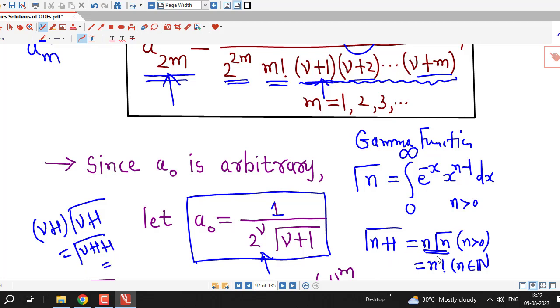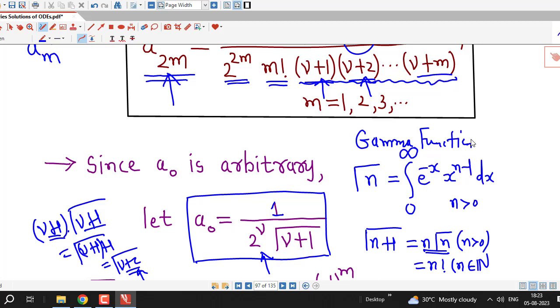If we have n gamma n, we have gamma n plus 1. Instead of n, we have nu plus 1. So we have gamma nu plus 1 plus 1, that is gamma nu plus 2. Now that gamma nu plus 2 can be combined with this nu plus 2, and that we will write as gamma nu plus 3.